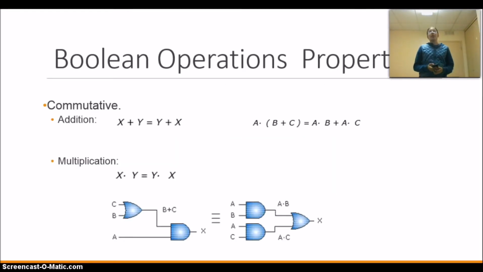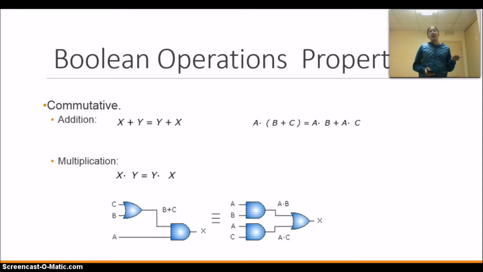And to end this presentation, I'm going to explain just the Boolean operations properties. We have two, the commutative and the associative. The commutative, we can find it in addition and multiplication: addition with the OR gate and multiplication with the AND gate.